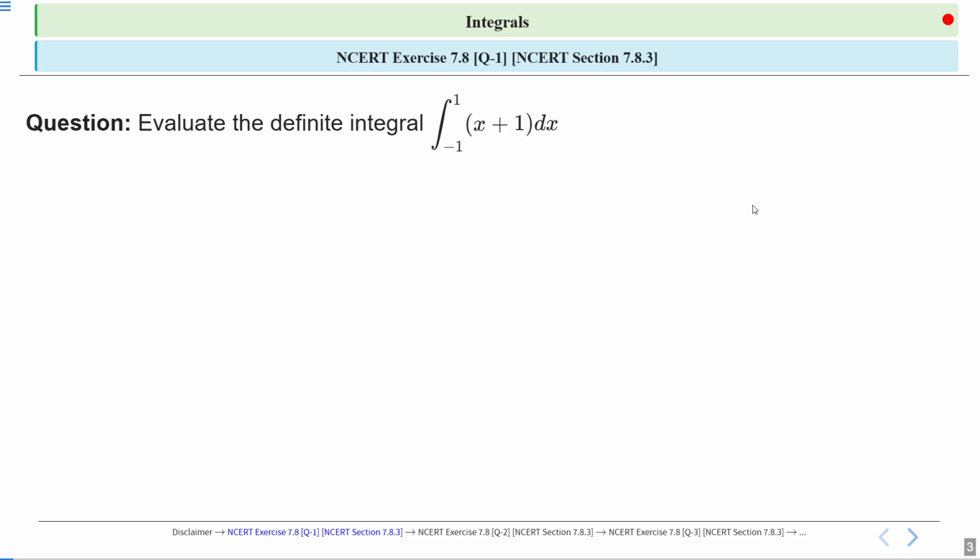So the first question is: evaluate the definite integral from -1 to 1 of (x plus 1) dx. To find the value of a definite integral, we already know that at first we have to find the indefinite integral and then apply the second fundamental theorem.